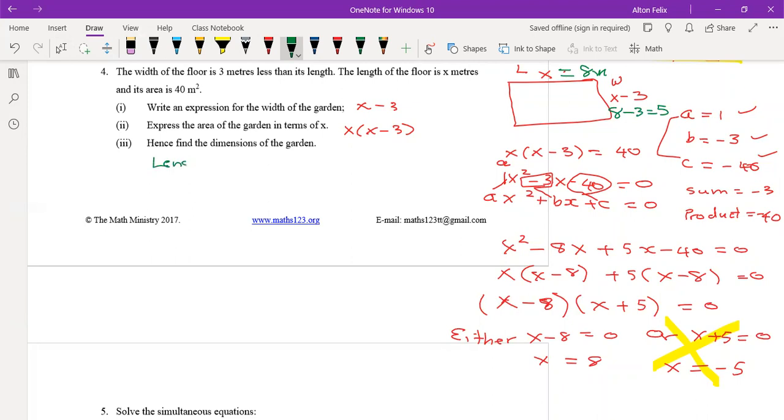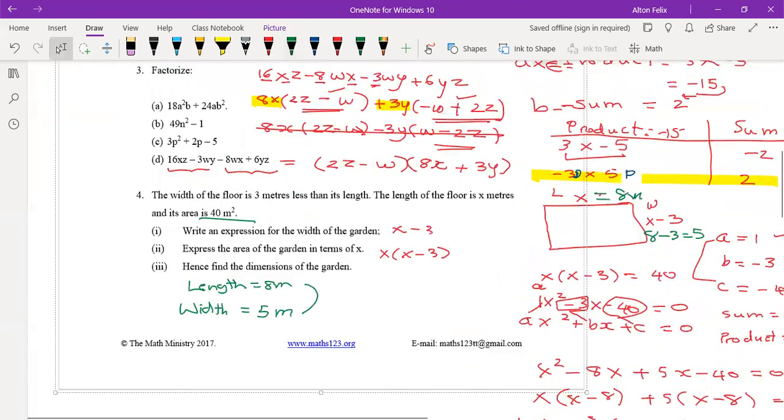Length equals 8 meters. The width equals 8 minus 3, 5 meters. And when I multiply them, 8 by 5 will give you the area of 40 square meters. So that'll take care of question number 4.